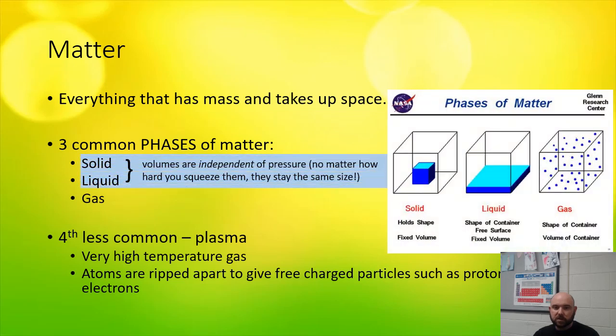Solids and liquids have volumes that are independent of pressure, meaning that if you squeeze these things together, you can't really make them any smaller. They say most of your liquids, water for instance, is incompressible. If you try to press it together, you can't make a sample of water any smaller than it already is.